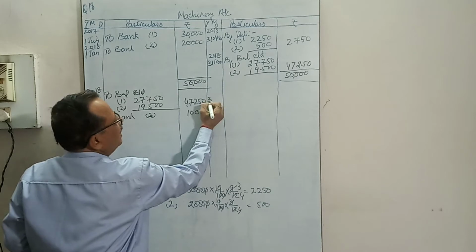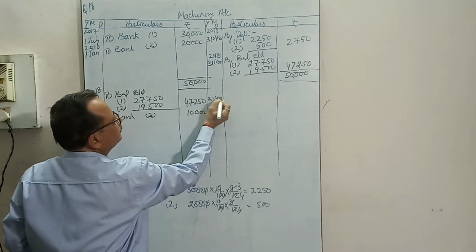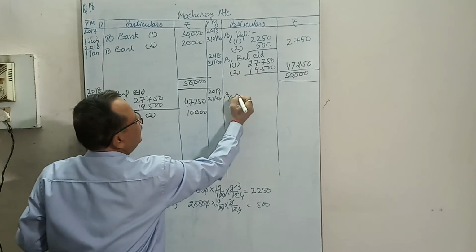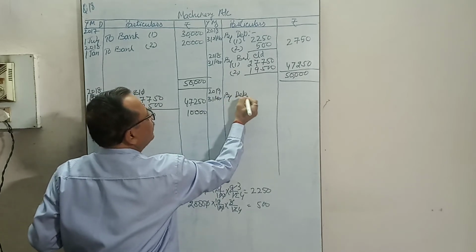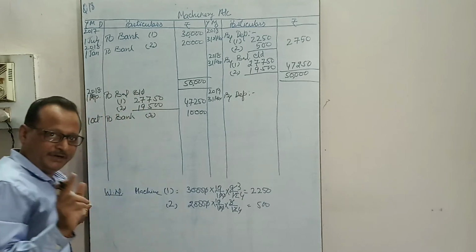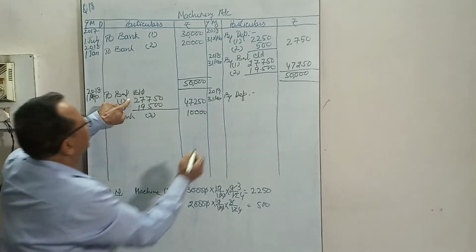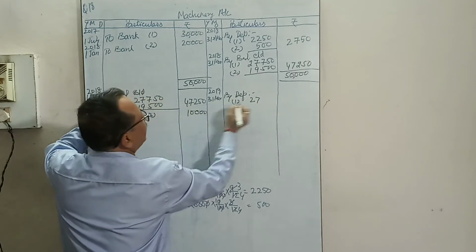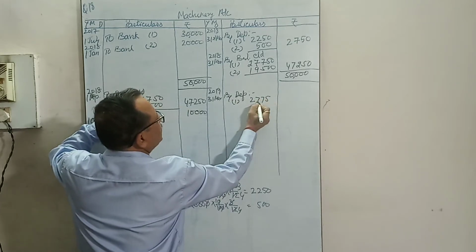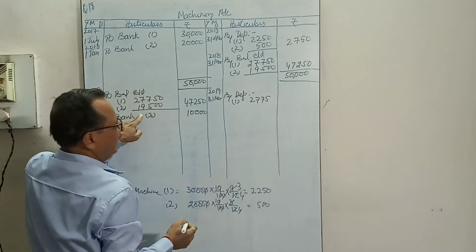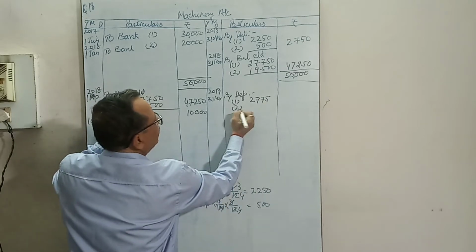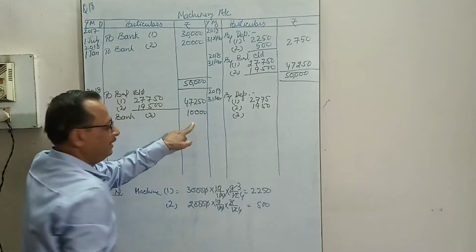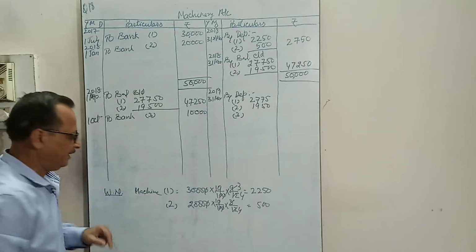Now on 31st March 19, by depreciation, as there is diminishing balance method, so on the first machinery, depreciation is charged 10% on it, 2,775, and on 19,500, 1,950, and on third machinery, on 10,000, only for 6 months depreciation will be charged.